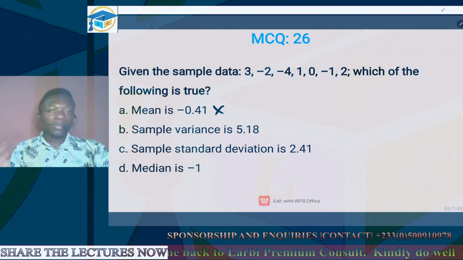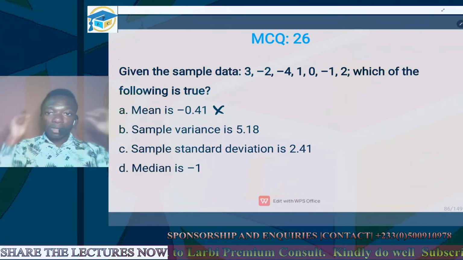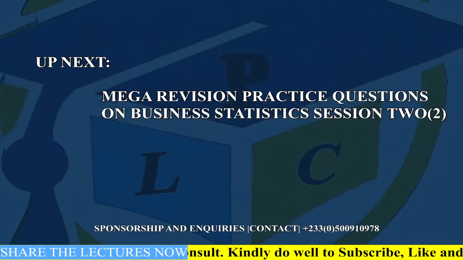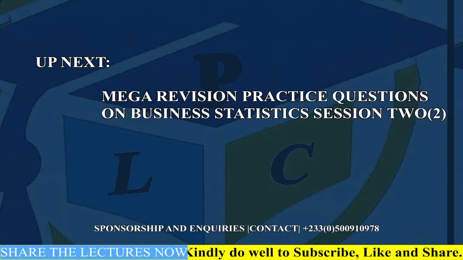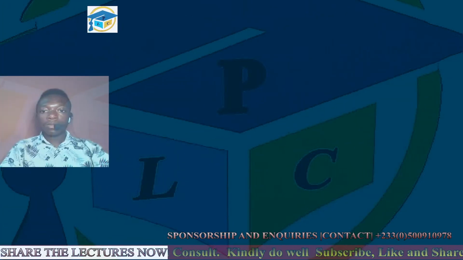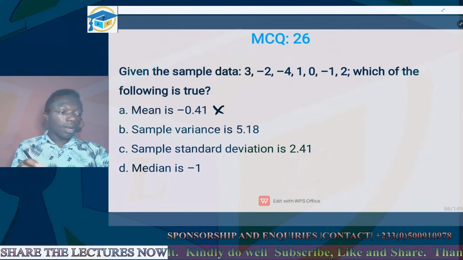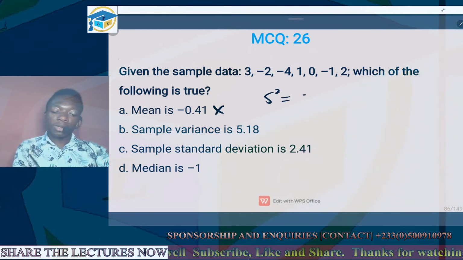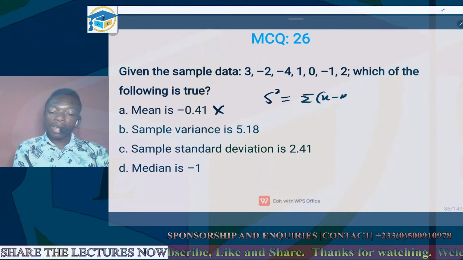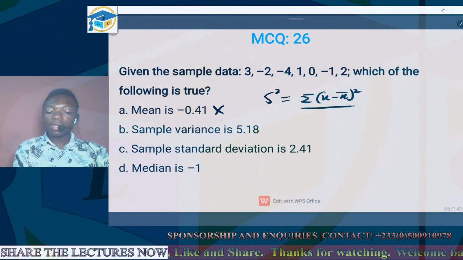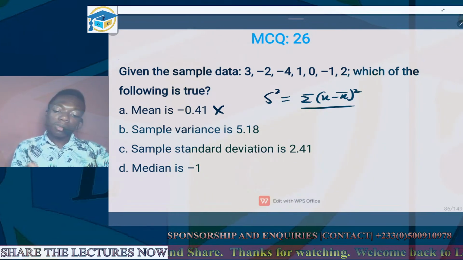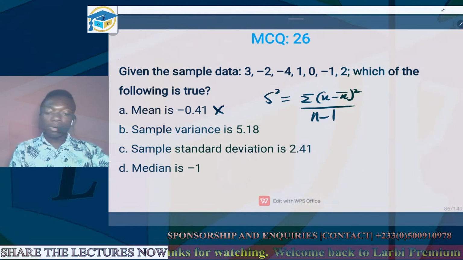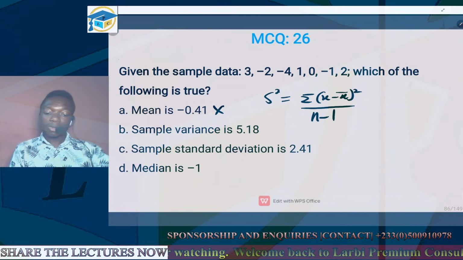To calculate a sample variance for ungrouped data, the sample variance s squared should be equal to the summation of x minus x bar all squared. Since it's a sample, we divide by n minus 1. So that's the formula for computing a sample variance.